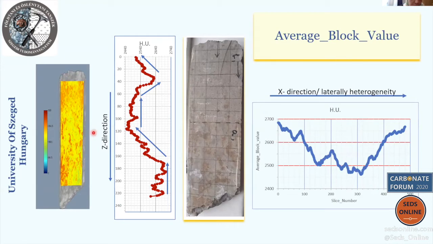So we can compare it with the CT of the whole sample, which shows increasing red color on this side, and in the center or almost center of the sample, decreasing red, and we can see the yellow and the green color, which mean decreasing Hounsfield unit value in the middle of this sample.